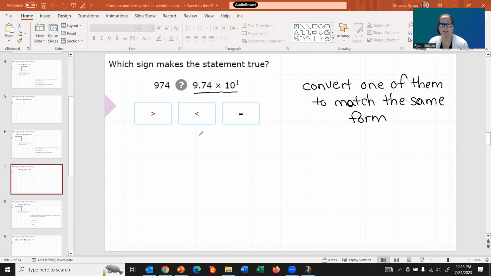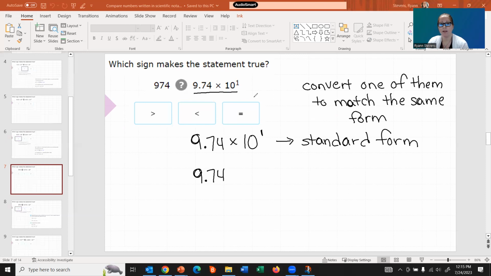So I'm going to look specifically at this number here. This number is written in scientific notation. And so I'm going to change this because I want it to be in standard form now. I want it to match the same form as that first number. And in order to do that, we have to look at the exponent. So I'm going to say 9.74.